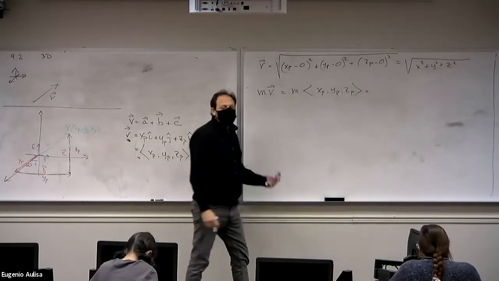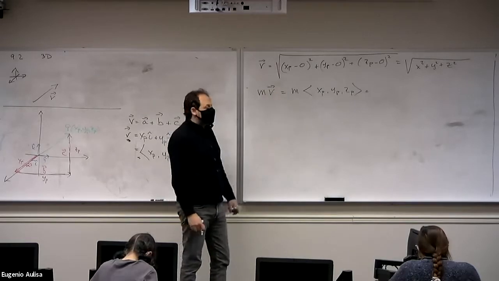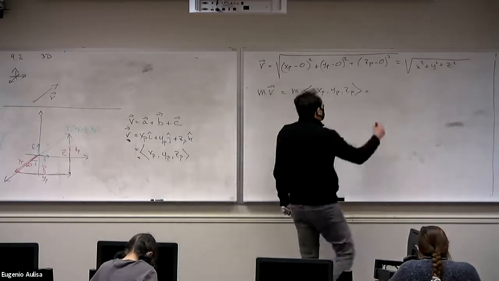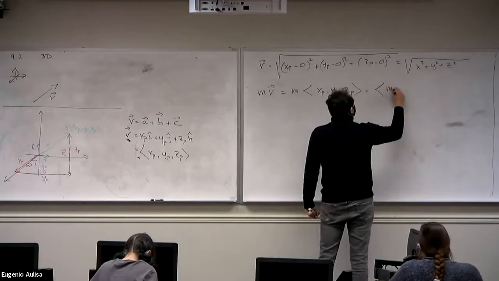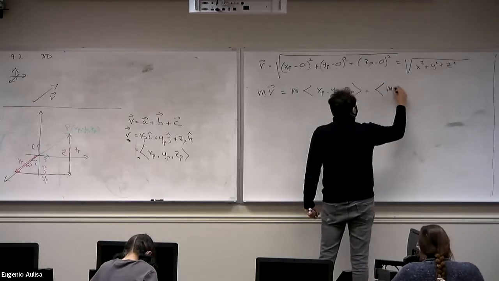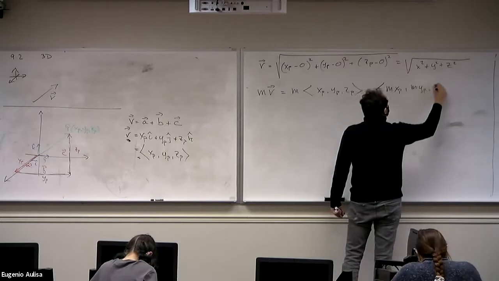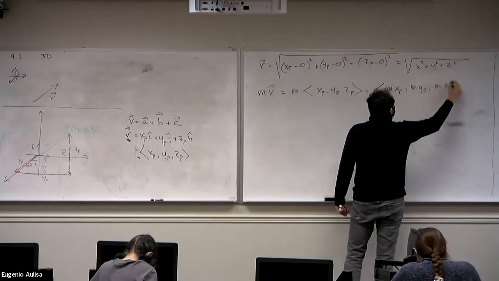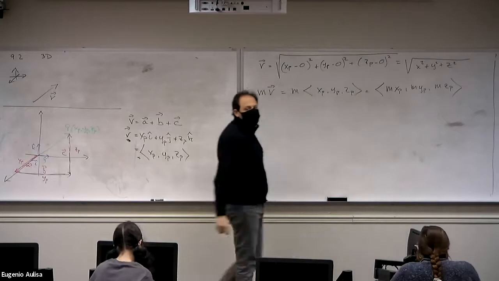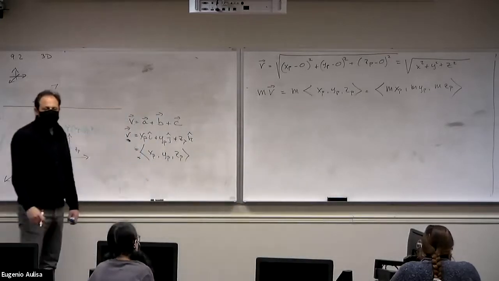So you distribute the constant inside. So it's going to be the vector with components n xp, n yp, and n zp, exactly as we did in 2D, but now we have the third component.